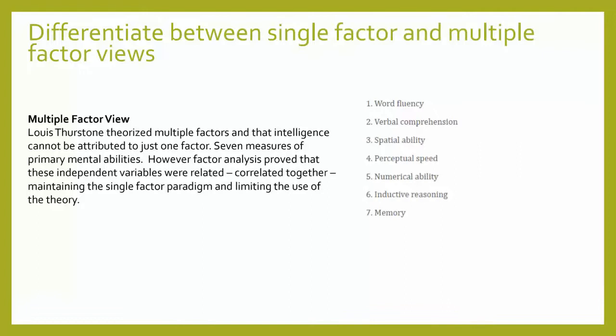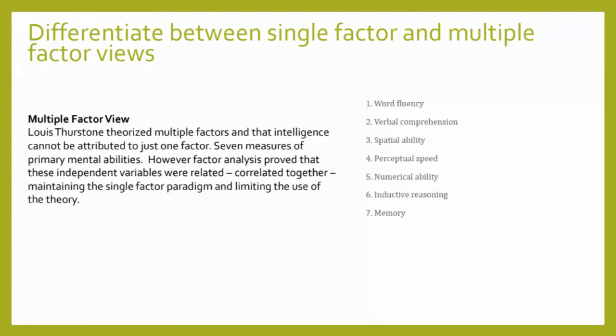So following from that, Louis Thurstone looked at the multiple factor view, and he said that intelligence is made up of multiple factors, and it can't just be attributed to one thing. So he had 7 primary mental abilities that he identified that he said were now multiple factors. So we had Spearman with his G, and then we had Thurstone with his multiple factors.